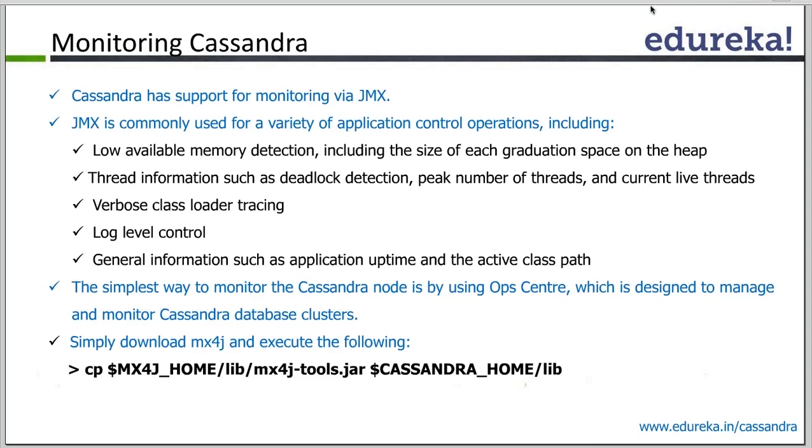So, coming to monitoring Cassandra. As we said, Cassandra is a Java application, which runs inside a JVM. So Cassandra provides Java Management Extensions, JMX, which helps you monitor the Cassandra system pretty well. I'm sure anybody who has worked with Java would know what JMX means.